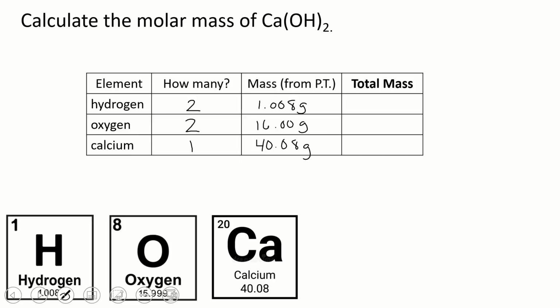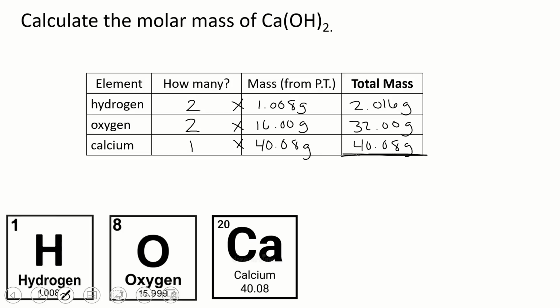We'll then multiply the number of each element by the mass to get the total mass. So we'll take 2 times 1.008 to get 2.016 grams. And we'll take 2 times 16.00 to get 32.00 grams, and 1 times 40.08 grams to give us 40.08 grams.